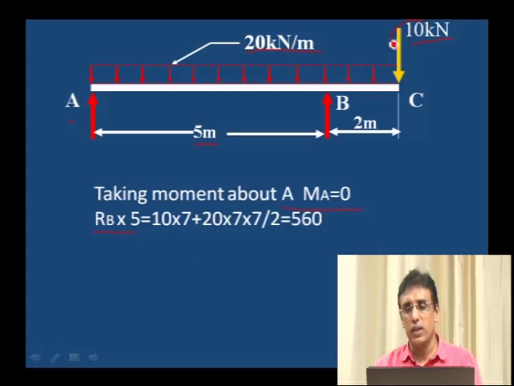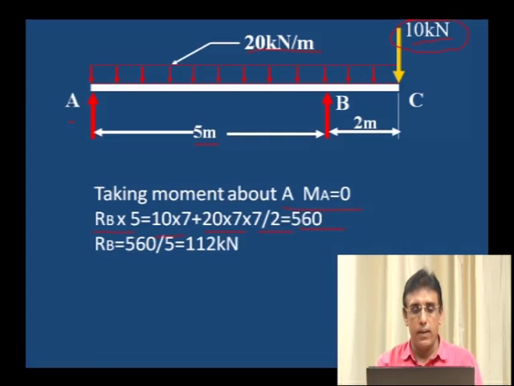First we consider this 10 kilonewton into distance from A to C, which is 5 plus 2, that is 7, so 10 into 7, plus 20 into 7, the total load acting throughout its length, into 7 by 2, which acts at the center of the 7 meter. This is the total moment, 560 kilonewton meter. Therefore, RB is equal to 112 kilonewton.